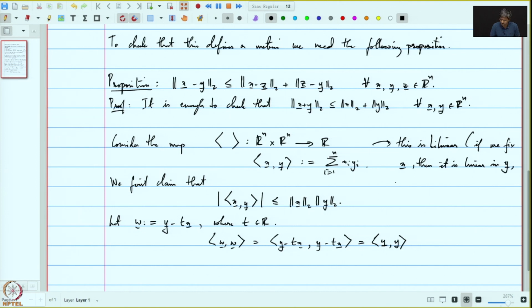Similarly, if we fix y, then it is linear in x.